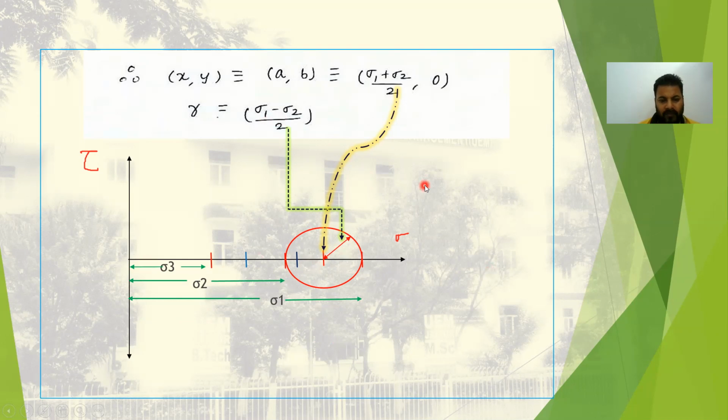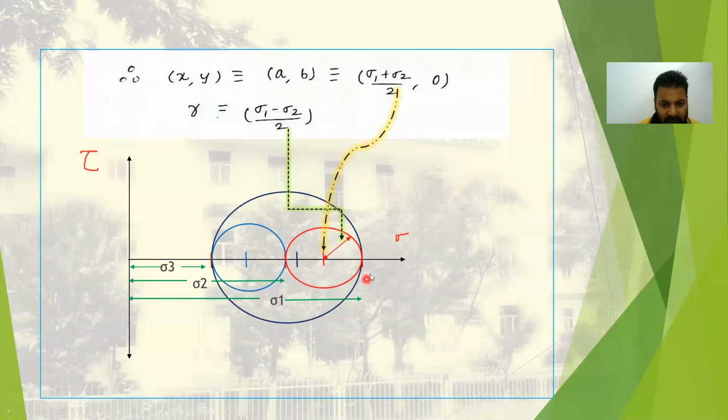However, with the previous result, two more circles were there. One circle was this, for, as you can very easily notice, sigma 2 and sigma 3, for the 2, 3 plane. And the larger circle was also there for sigma 1 and sigma 3, for the 1, 3 plane.